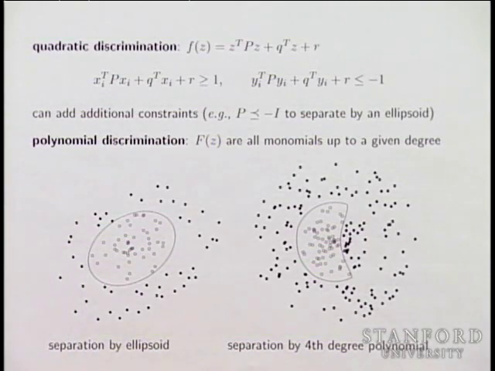Actually, more generally, if I gave you an ordered set of basis elements like F1, F2, F3, and so on, and then I said, find the minimum number of these taken in order that separate the points, that's quasi-convex. Because you solve an LP feasibility problem with some number of them, and then you know whether you can separate with that number of basis elements or not. Okay, so that's the idea.